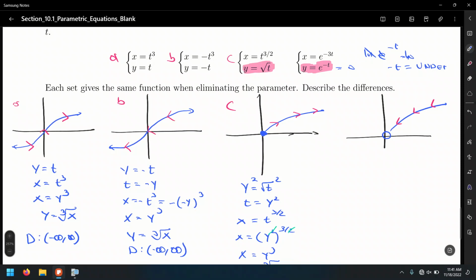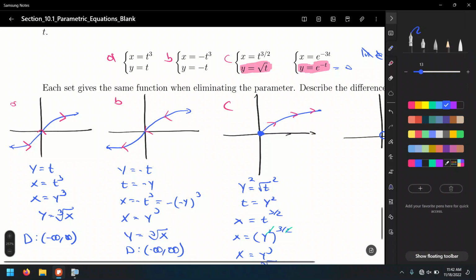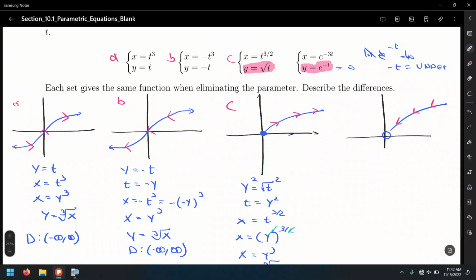One way to go about it is to solve for t over here. That'll take a couple of steps. Number one, take a ln to both sides to eliminate the exponential and then divide both sides by -1 to get t by itself. That's a few steps. However, I'm going to do it in a different way. Number one, y equals simply e to the negative t. x equals e to the negative 3t.